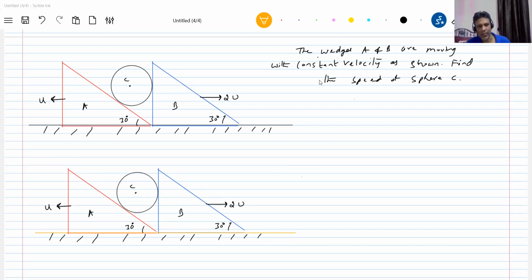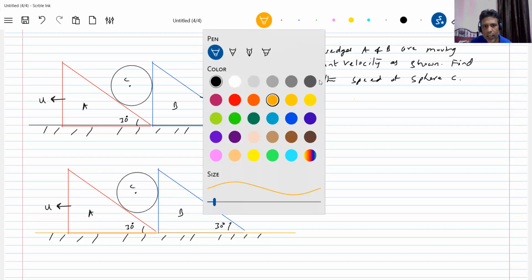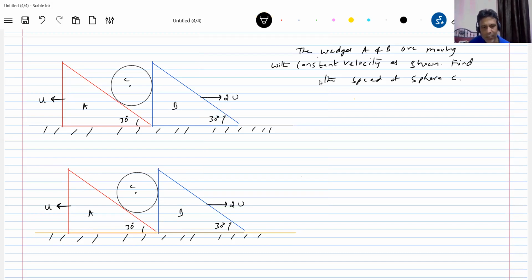Let me verify. So the sphere will be in contact with both the wedges during that motion. So let the velocity of sphere be Vcx and Vcy. As the sphere is in contact with the wedge B, what is the first condition?